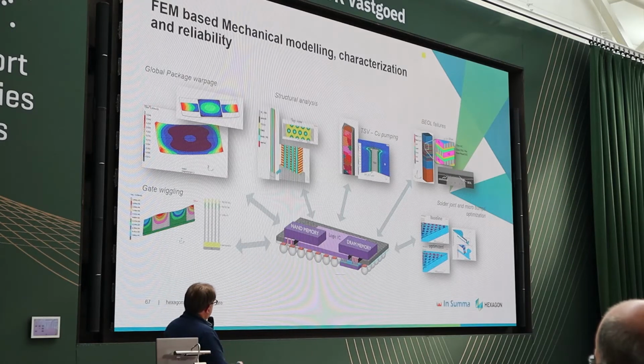And you see it here. That's a typical example of such a 3D stacked solution, where we look at what happens with the stresses inside the back end of line structures, the very tiny metal lines connecting all the transistors.